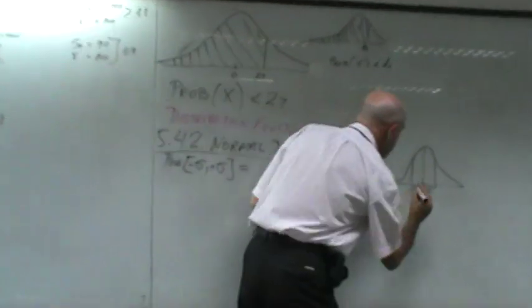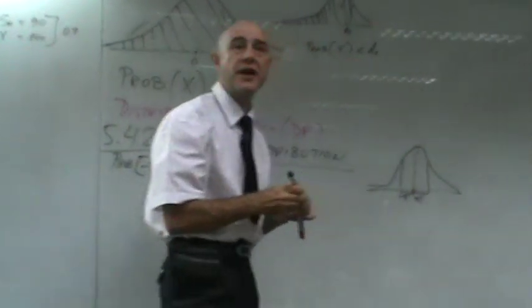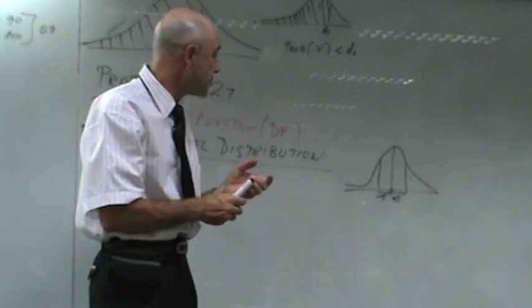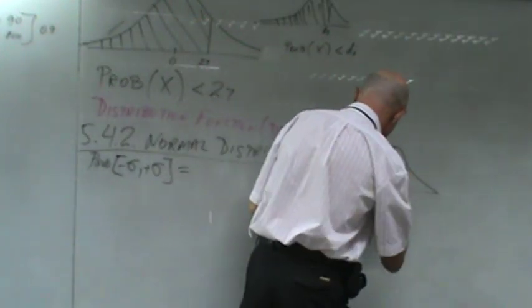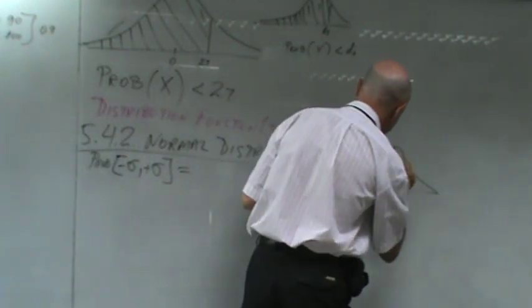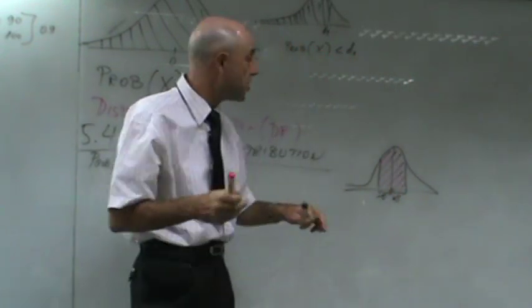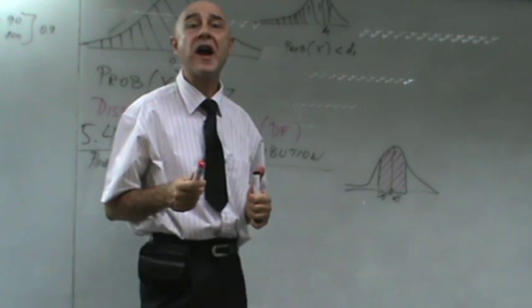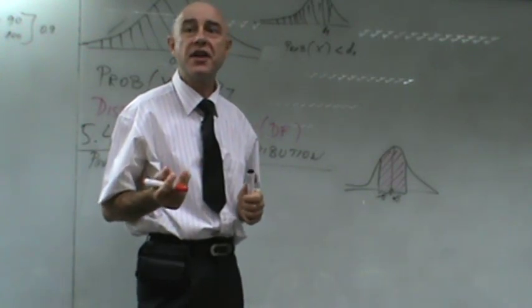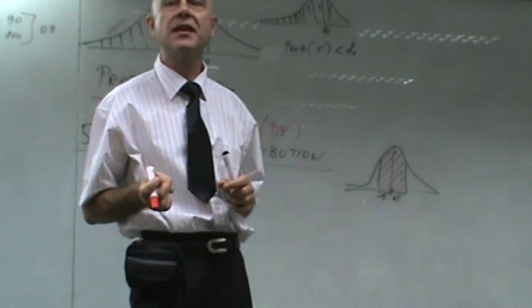And here we just put in 0. We just normalize it to 0. This area here is how much? How much is the area of plus minus 1 sigma?